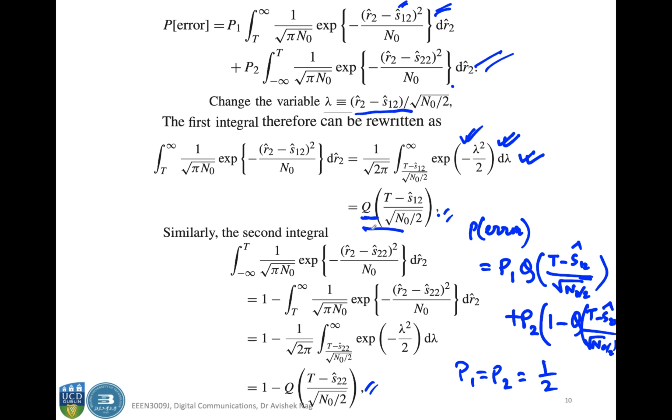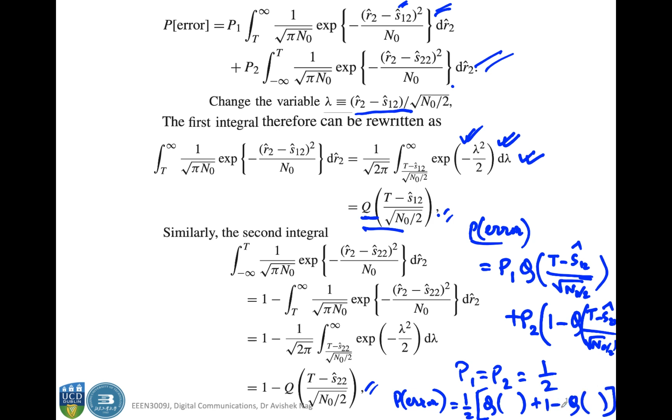So the probability of error will be half of Q of something plus 1 minus Q of something.